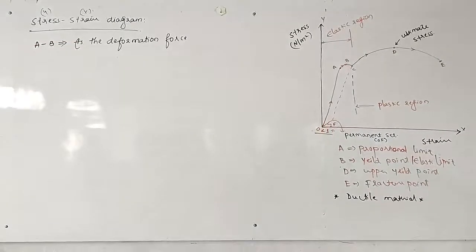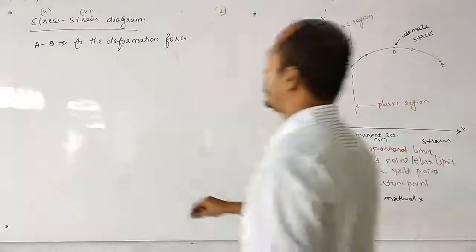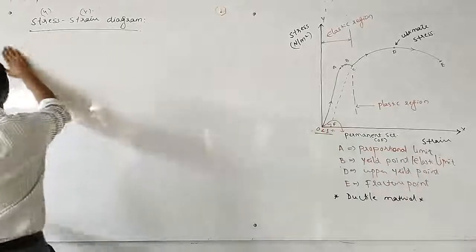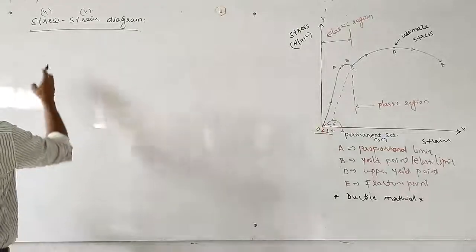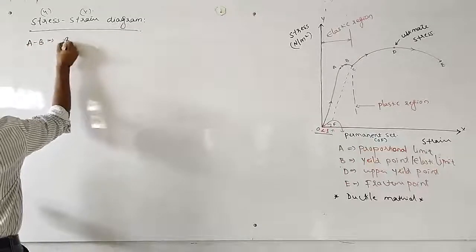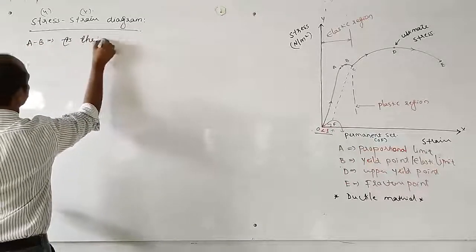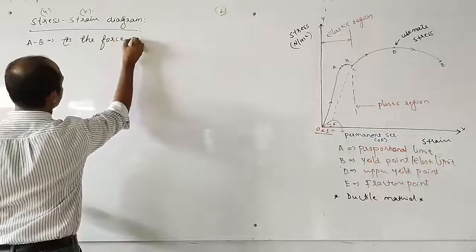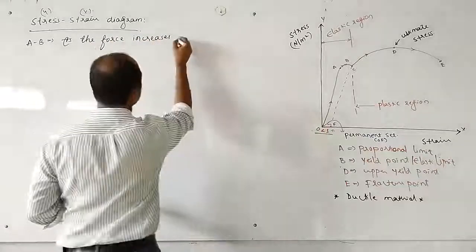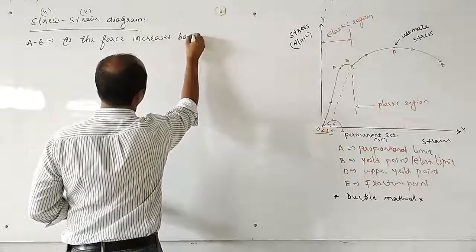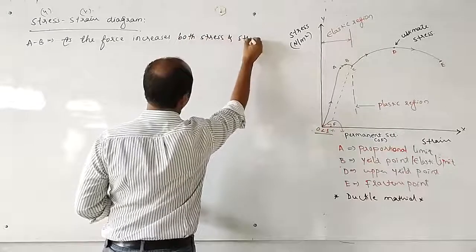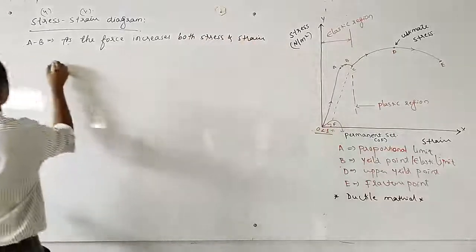So let us write the notes regarding this. Point AB, I go on writing. You also do the same between A and B. As the force increases, both stress and strain increase.